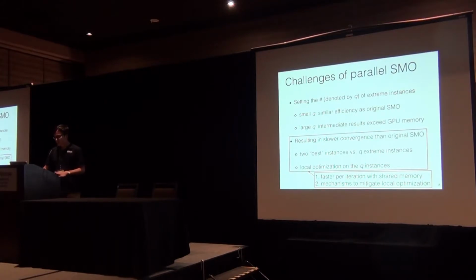To tackle the second challenge, we exploit the shared memory of the GPU such that we can put the key information of the batch into the shared memory and improve the efficiency of each iteration. We also propose some mechanisms to mitigate the local optimization, and more technical details are available in our papers.